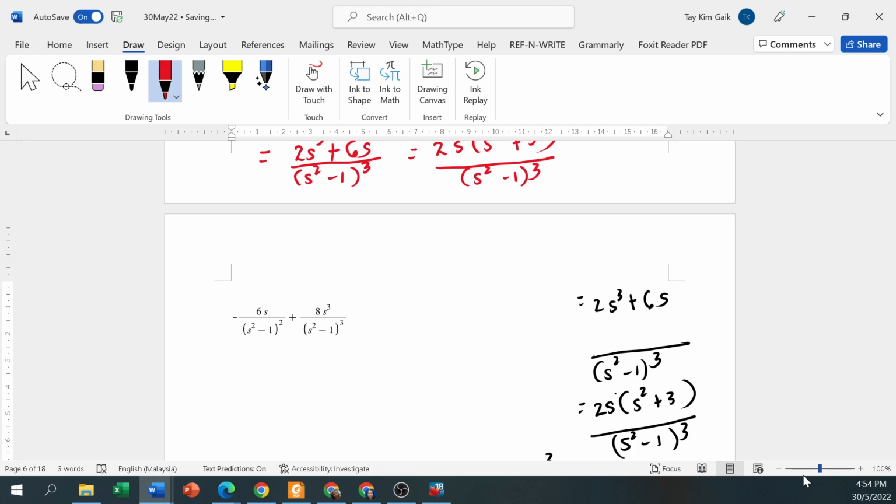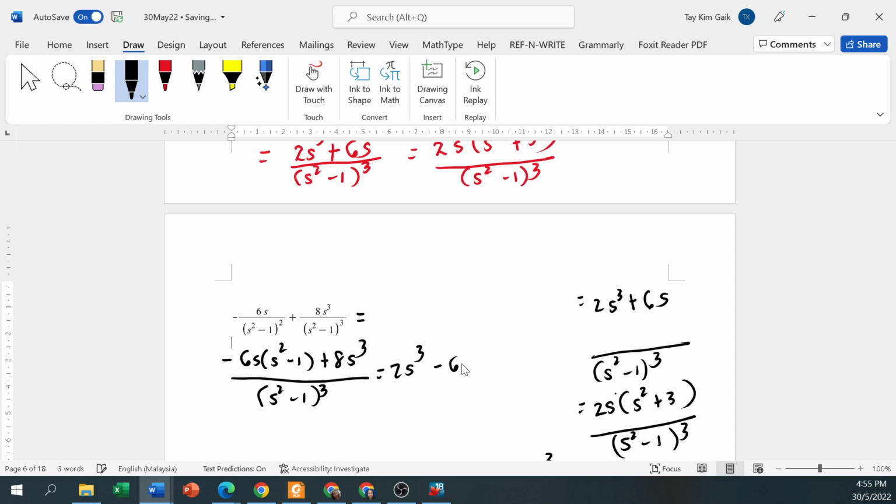Where we expand it, we get negative 6s multiplied by s squared minus 1 plus 8s cubed, divided by s squared minus 1 power 3. So total we have 2s cubed minus 6s cubed plus 8s cubed, minus 6s, divided by s squared minus 1 cubed.